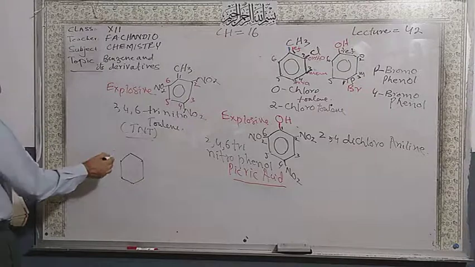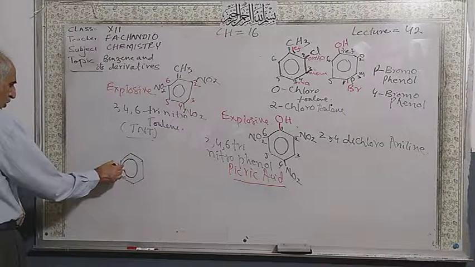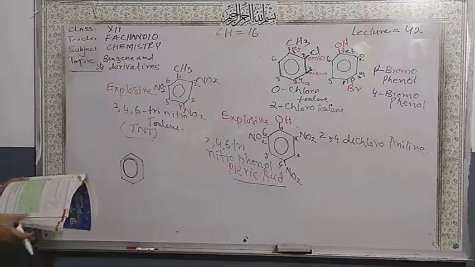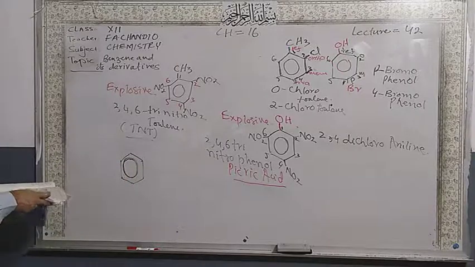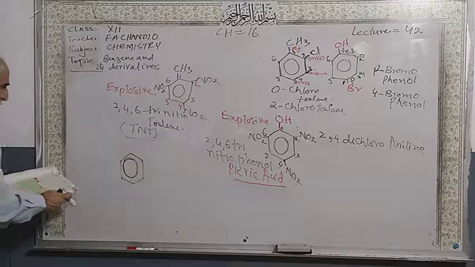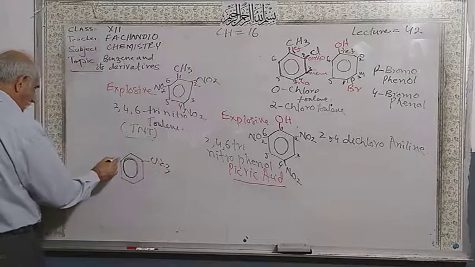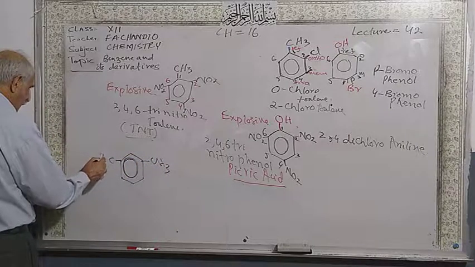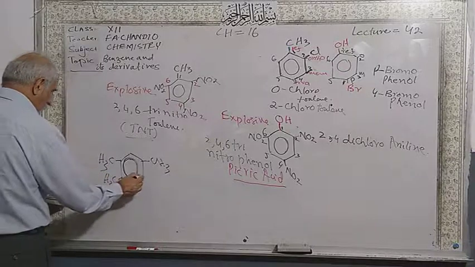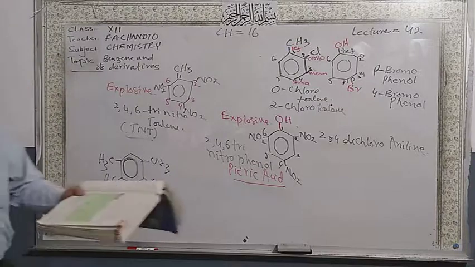And I advise you, please, you have to draw this big, not small. It will be long. This shows the resonance, and it should be a big one. So dear students, if you put CH3 here according to your book, CH3 here and CH3 here and CH3 here, like this one.